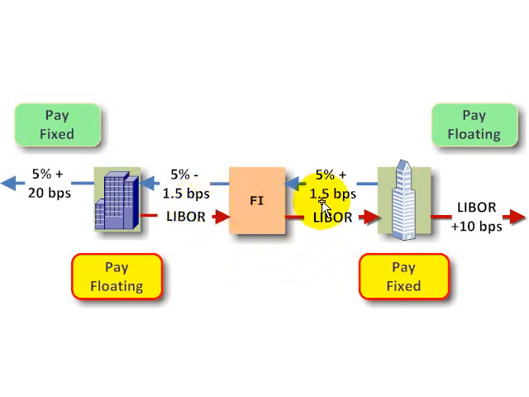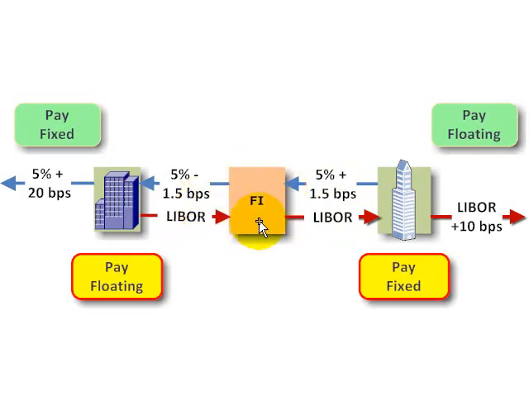I used 1.5 basis points here just to shave off a little bit, just to illustrate the idea that the financial intermediary here, notice the LIBOR can be matched perfectly and passes right through effectively. The 5% here that is received plus 1.5 basis points almost gets passed through, except the minus 1.5 basis points.